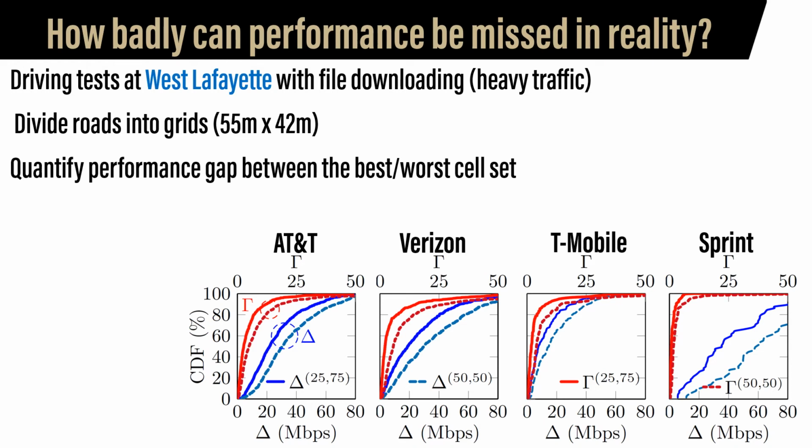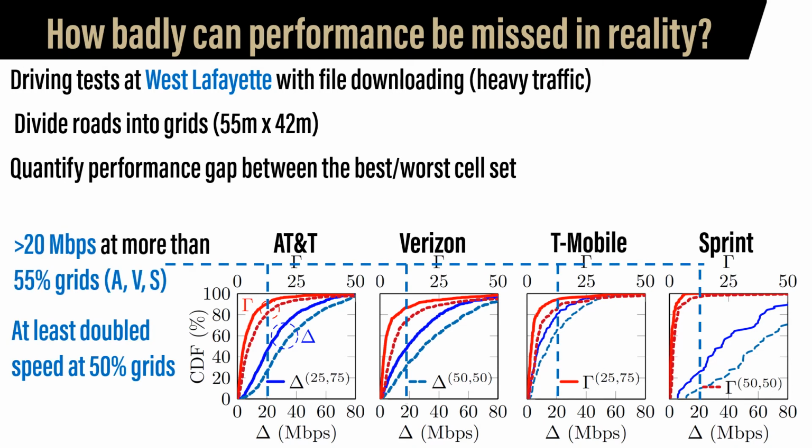Our measurement result shows that there is more than 20 Mbps absolute performance gap at more than 55% of location grids for AT&T, Verizon, and Sprint. We can observe at least double the data speed at 50% of location grids.